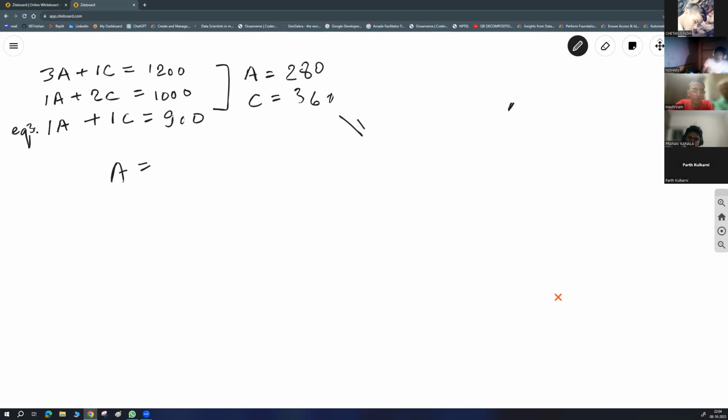A equals something and C equals something when we solve equation 1 and equation 3. Yeah. Fine. And do the same for 2 and 3. Fine. Okay. Afterwards, we can get some average value, I guess, like add these three and then divide by 3. So you'll get some approximation of how much an adult ate and how much a child ate.